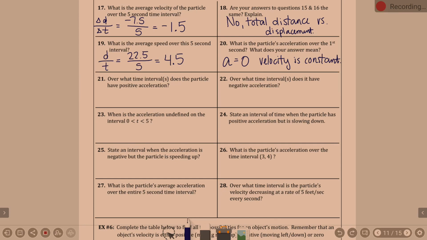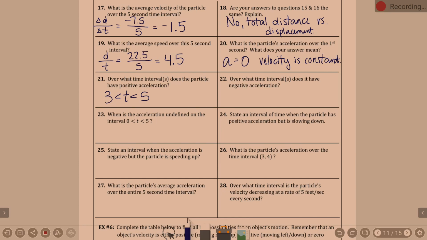Over what time interval does the particle have positive acceleration? 3 to 5. 2 to 3. No, wait, is that speeding? Yes, I'm right. Positive acceleration, why? Positive slope.